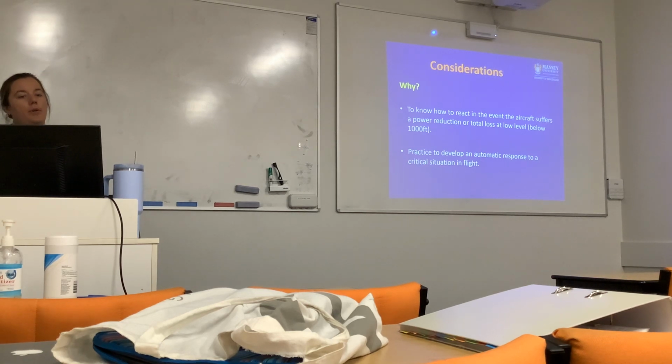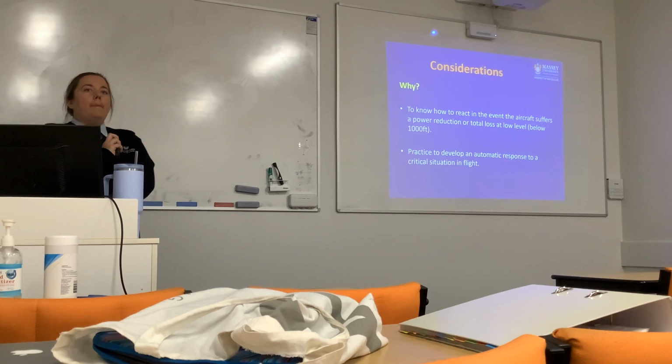Note it's that below 1,000 feet. So we already kind of brushed on what happens at 1,000 feet in the circuit, which was the glide approach. And later on, we'll look at engine failures above 1,000 feet, and what we call practice forced landings without power.